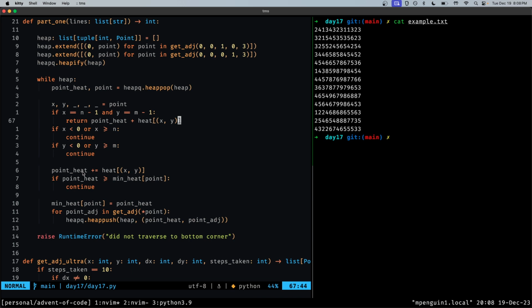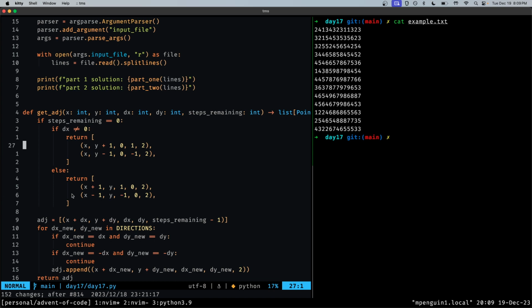Yeah, otherwise, we can update this min heat dictionary as we go. And then making sure that if we are not decreasing the min heat at each point, then we can just continue our search. We don't care about exploring that branch further.